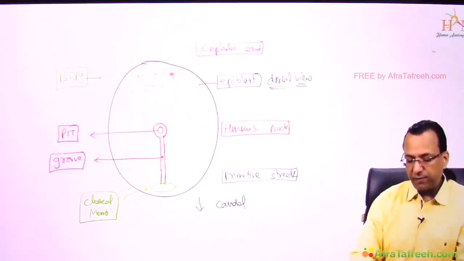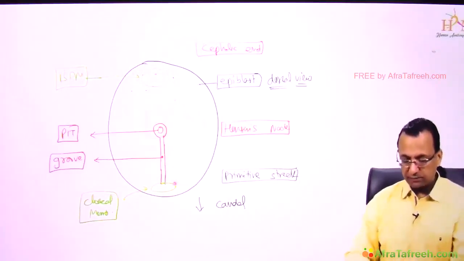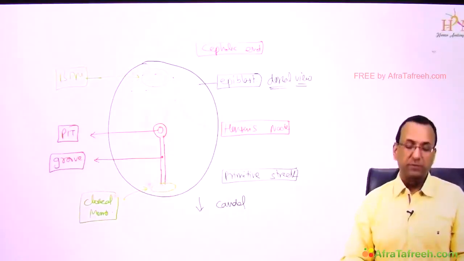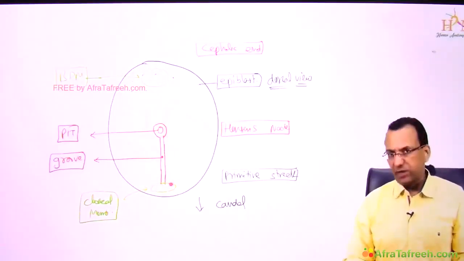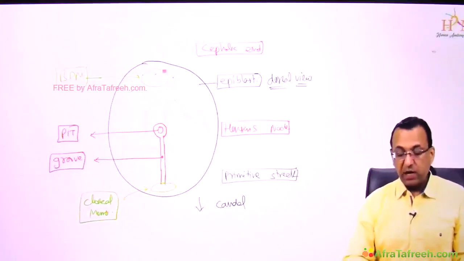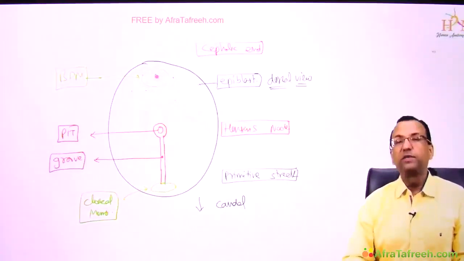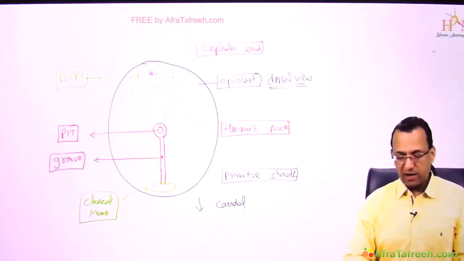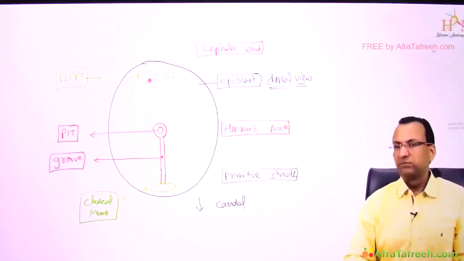The buccopharyngeal membrane towards the cephalic end, or the cloacal membrane towards the caudal end, have no mesoderm. Why do they have no mesoderm? Because there is a fusion of the upper dorsal ectoderm with the lower ventral endoderm. So fusion of ectoderm and endoderm with no intervening mesoderm.